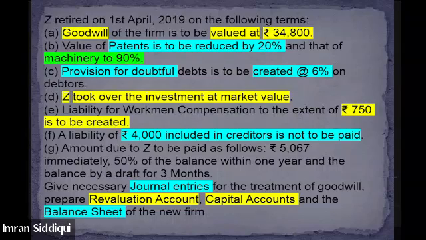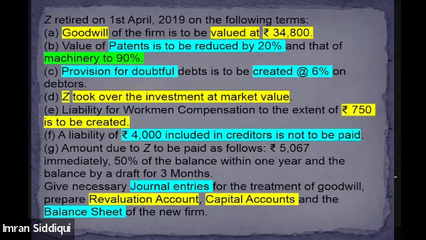So let me show you, just a minute. Total amount due to Z will be 29,625 minus 1,000 minus 133, then 17,600.